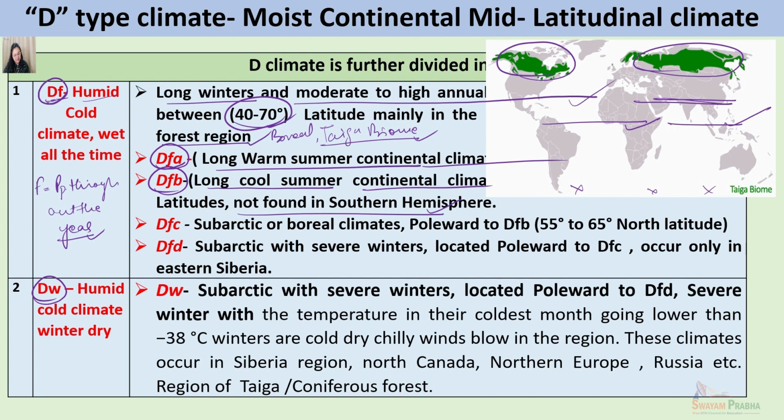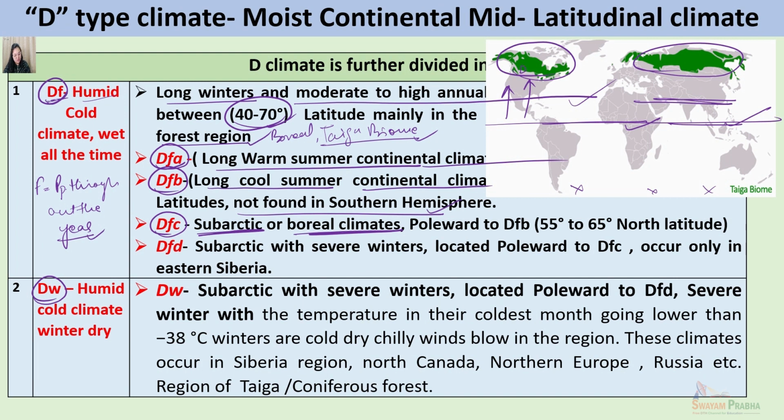And D type of climate is further divided into DFC, which is subarctic or boreal climate. So as you move from the equator towards the polar regions, you can see that D type of climate transitions into DFA.